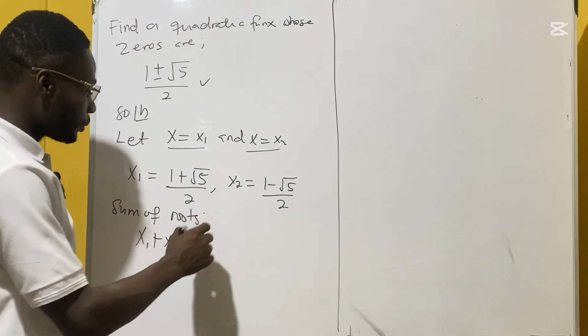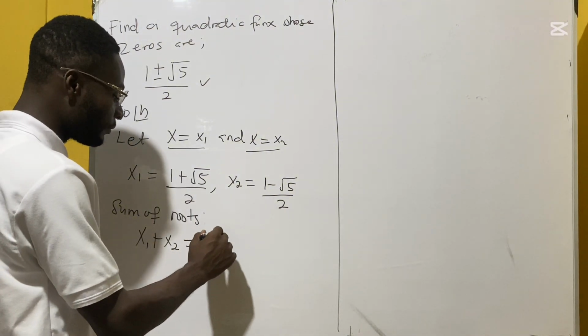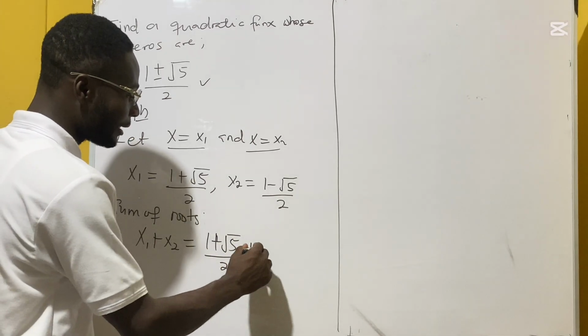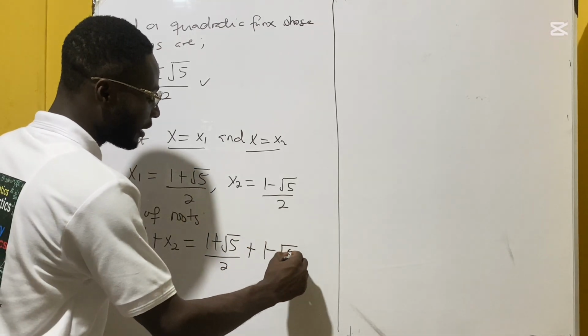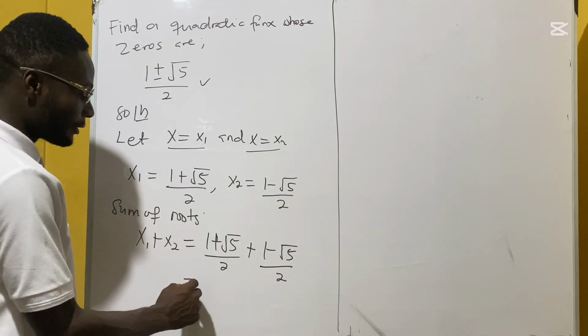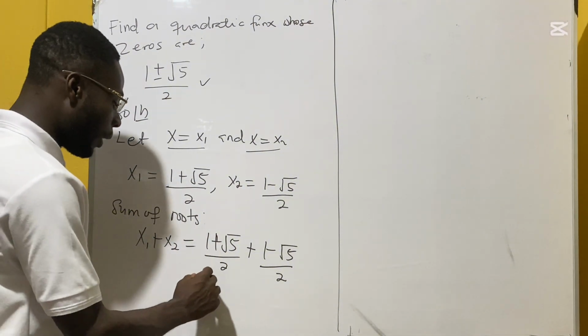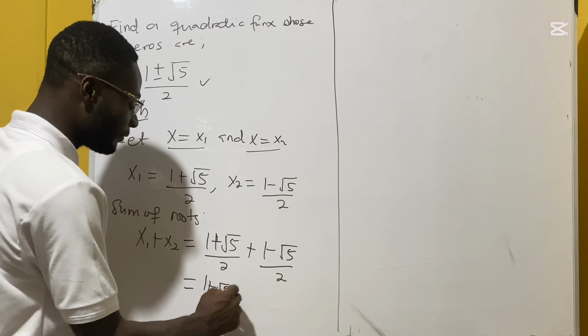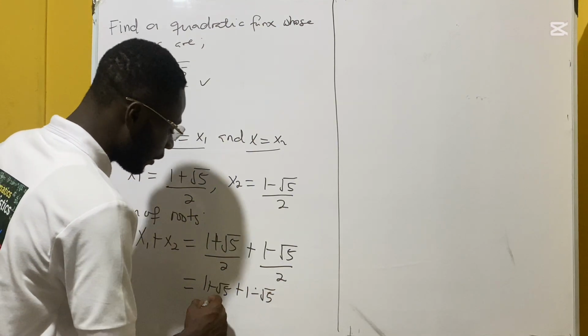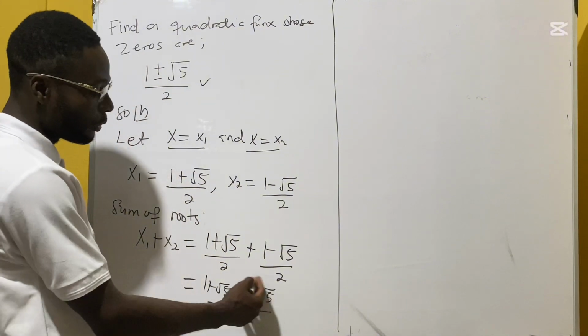x1 plus x2 will be equal to (1 plus square root of 5) over 2 plus (1 minus square root of 5) over 2. That is going to be 1 plus square root of 5 plus 1 minus square root of 5, all over 2, when you find the LCM.